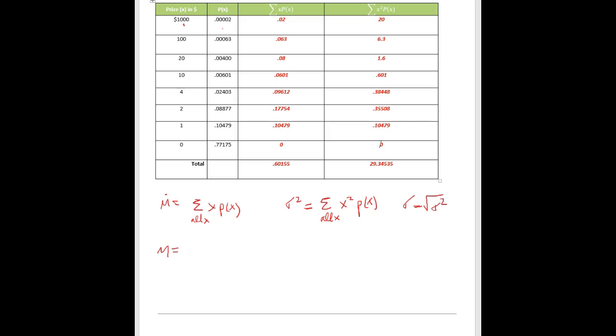We multiply those together and we get one component of this sum. We just march down the line. 100 times the probability of winning that 100, 0.00063, and we get this. We do this over the whole distribution and add all of these up, and it sums to this. So this is going to be our mu.